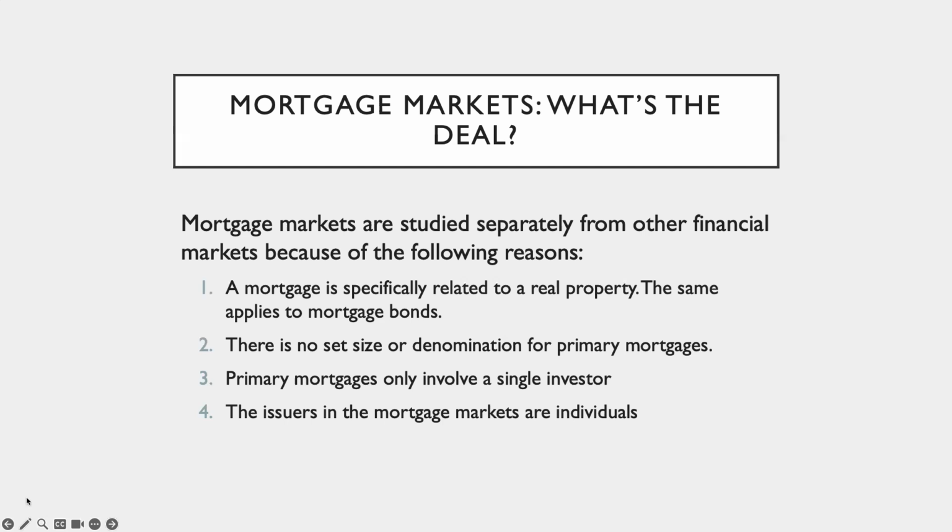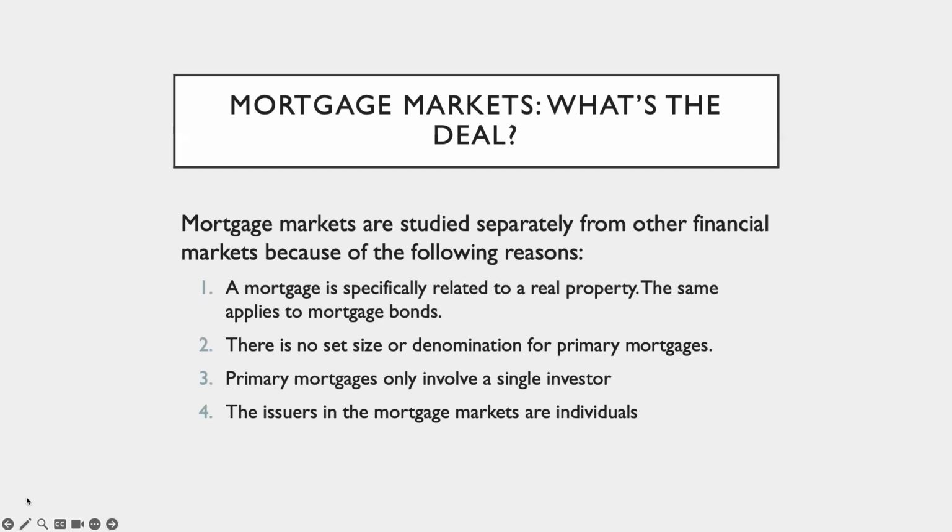Lastly, in the mortgage markets, the issuers are individuals. Now, when we say the issuers, meaning the people who transact in this specific segment of the financial markets, are individuals.